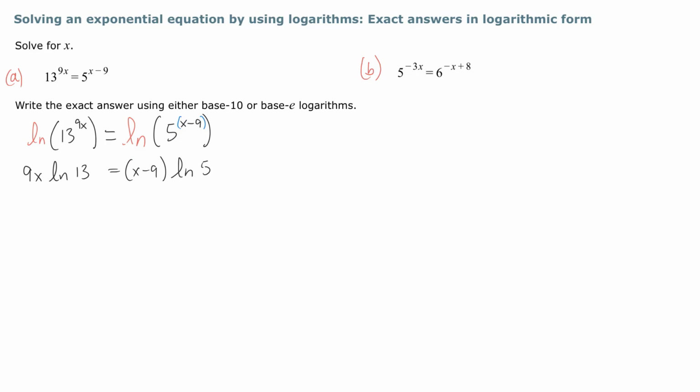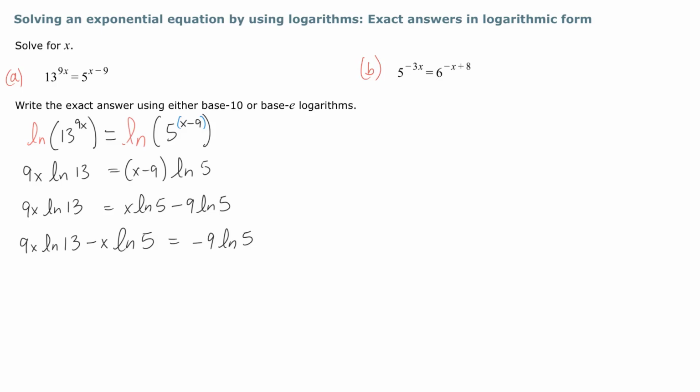Our goal is to solve for x. So let's try to collect like terms. We have 9x natural log of 13 over here is now equal to x times the natural log of 5 minus 9 times the natural log of 5. We're trying to get the x's together. So let's do 9x ln of 13 minus x ln of 5 is now equal to the opposite of 9 times the natural log of 5.